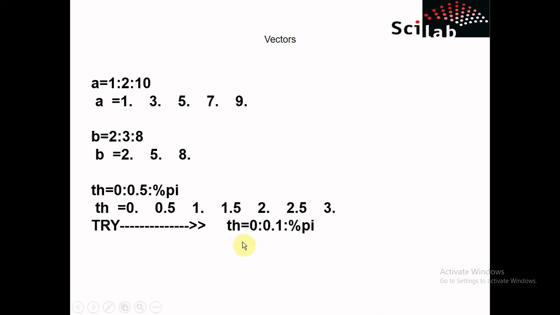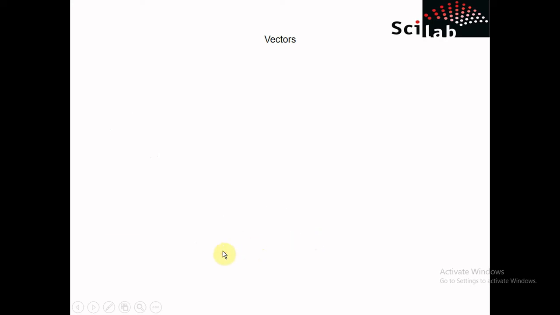You can try this kind of command also, and I think now you can see what the output would be if you execute it. If I use this command, we see that we are going to get a result like this, which is a vector. Now suppose you wish to multiply each and every element of this vector by, say, any scalar value, then how can it be done?